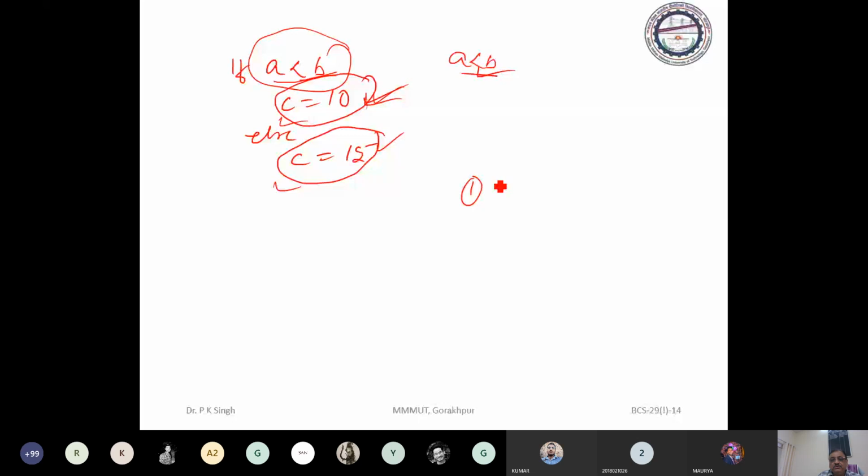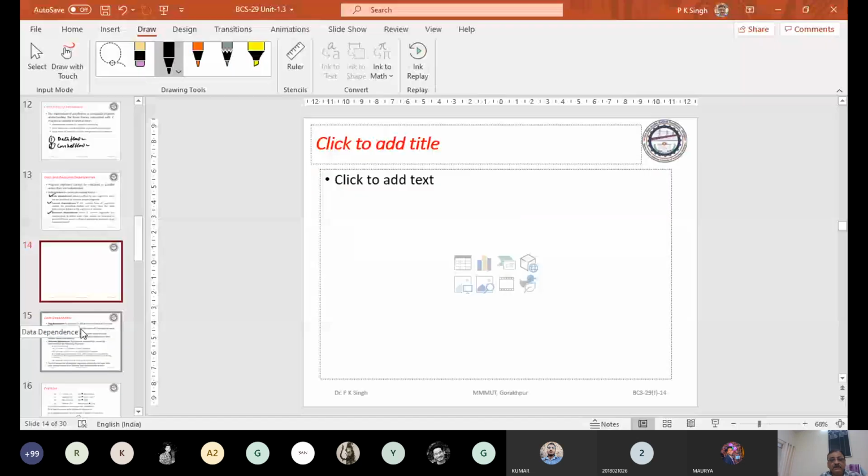The decision construct is used for selective execution of a program segment, and the loop construct is used for repeated execution of a program segment. Okay, these two control constructs are available in each and every language. So now we will discuss one by one.